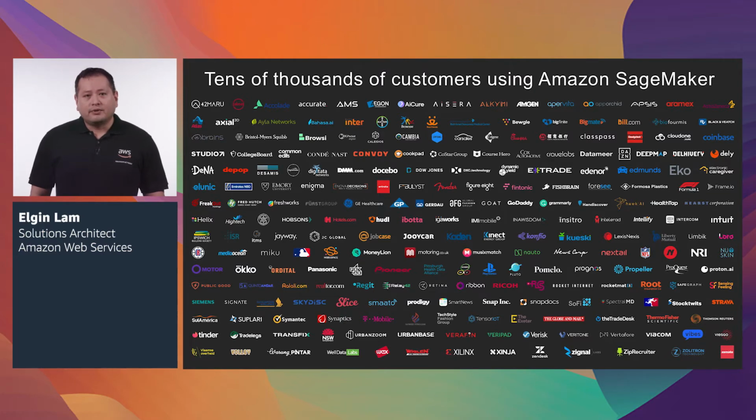From manufacturing companies like Panasonic and Siemens, to car sales companies like Edmunds, and financial services like the Dow Jones, Amazon SageMaker is being used across a multitude of industry sectors.